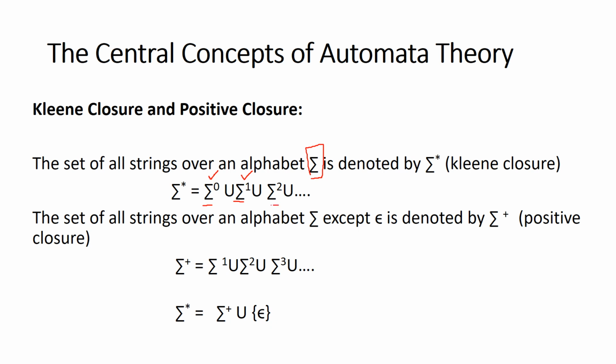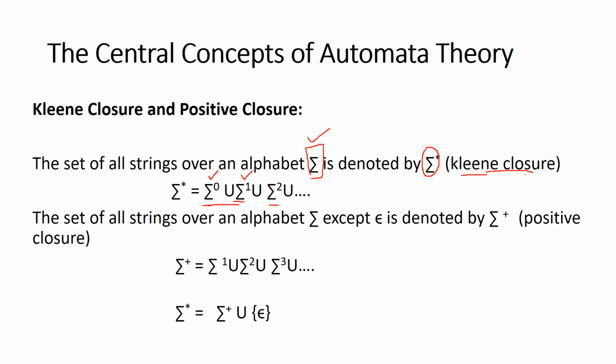All these strings together are represented by sigma star, and it is called the Kleene closure. Therefore, sigma star is equal to sigma power 0 union sigma power 1 union sigma power 2 and so forth, and it has all the strings over an alphabet sigma.